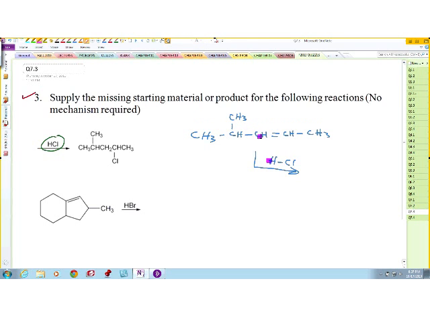The hydrogen could go to here, right? This hydrogen could go to here, and now the chlorine goes to here.